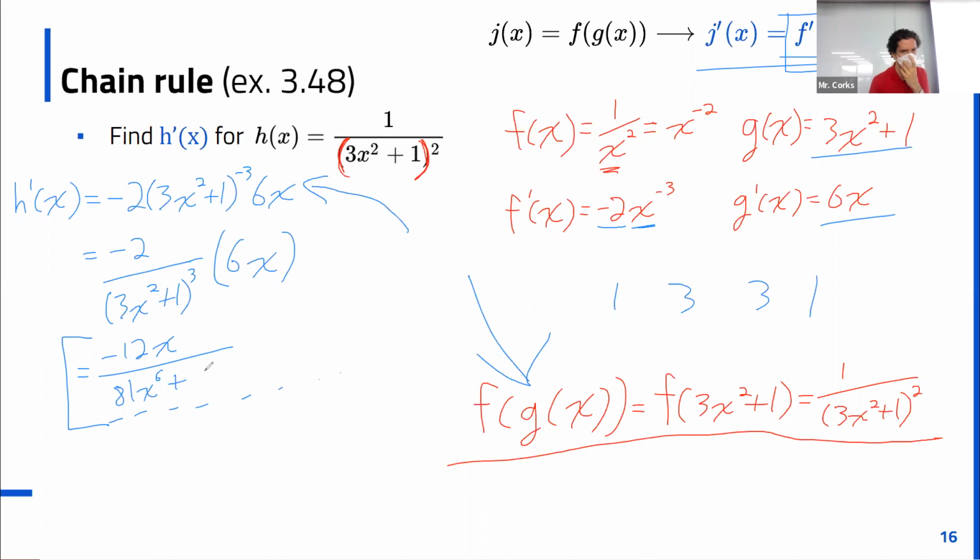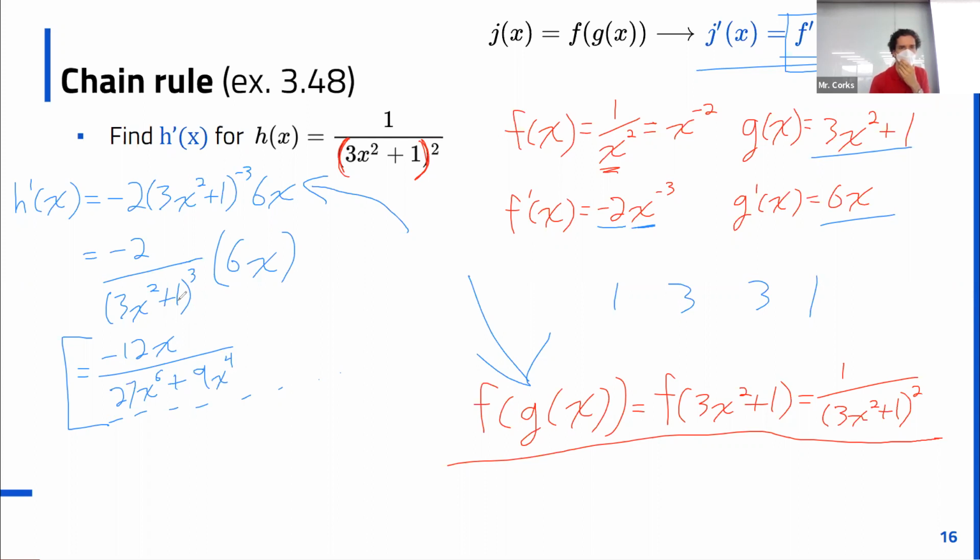It's a little hard to do this all in your head without writing anything down. We'd have squared. Sorry, is this one right? I feel like this would be 27, right? Okay, 27. Then we would have 9x to the exponent 4.